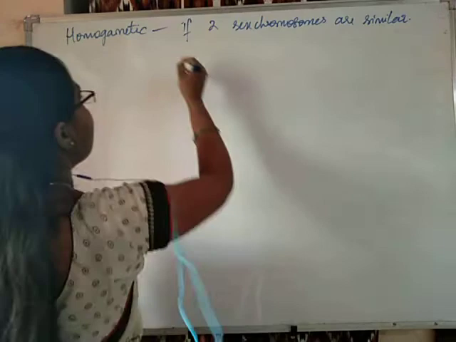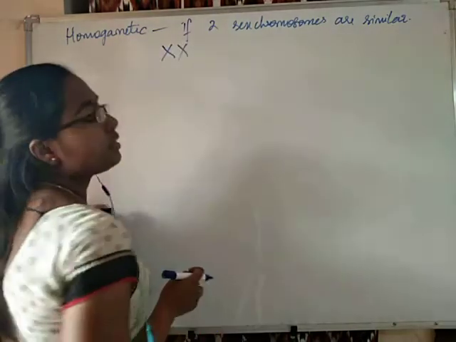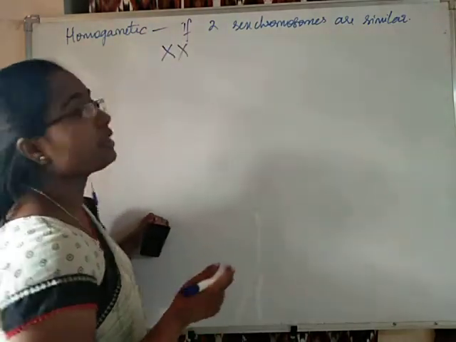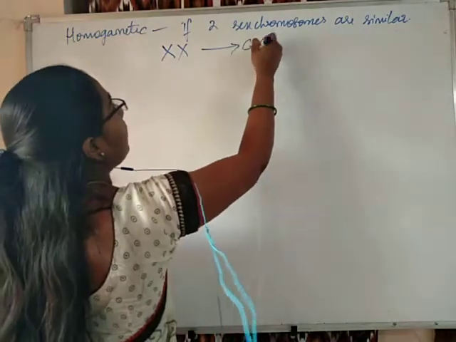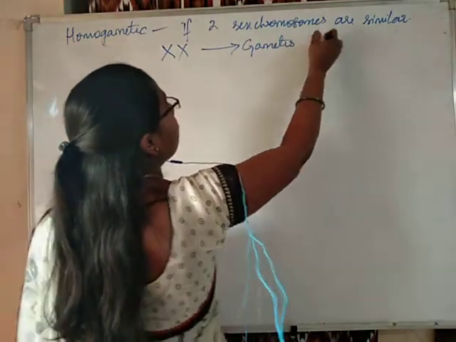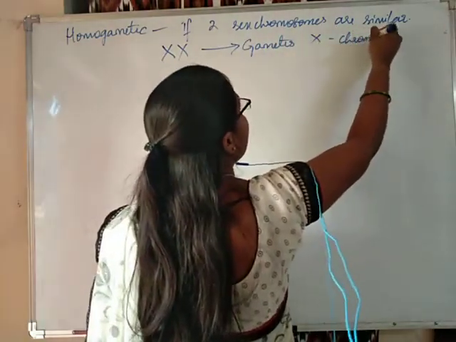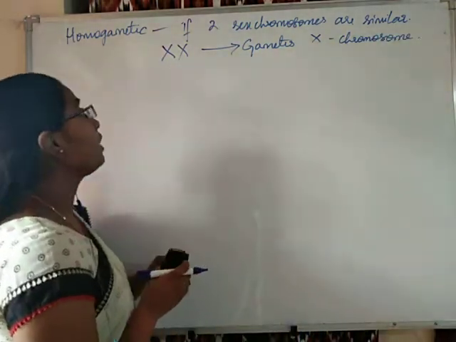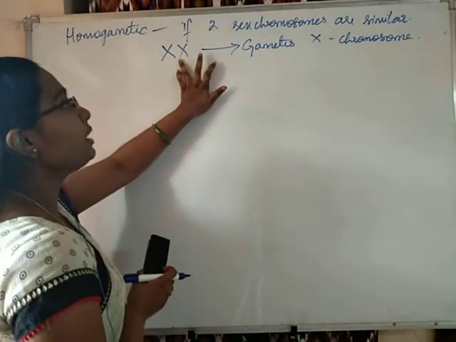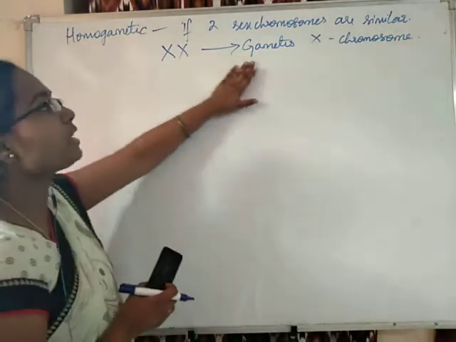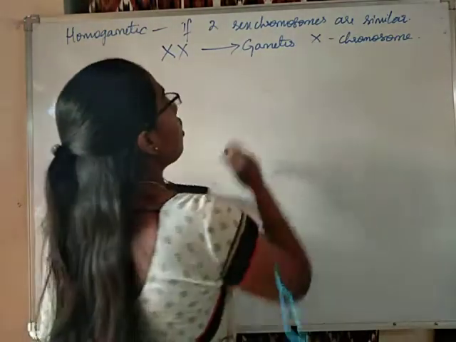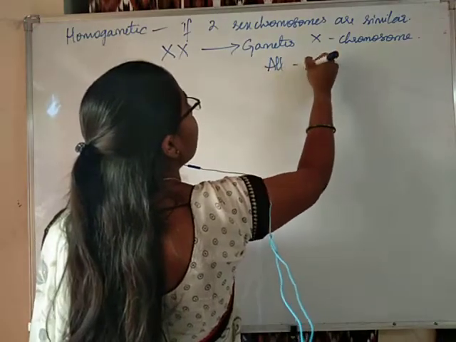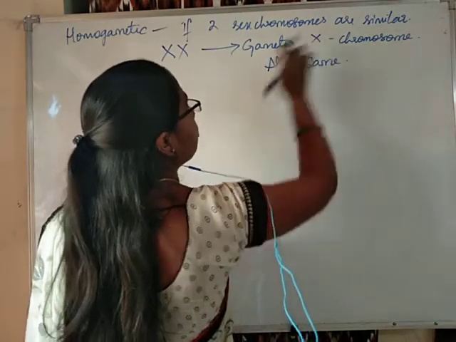If for example let us consider X and X, these are the two sex chromosomes, then all the gametes will contain only X chromosome, right? If an individual consists of two similar X sex chromosomes, then all the gametes will contain the X chromosome. All the gametes are the same, all with X chromosome only.